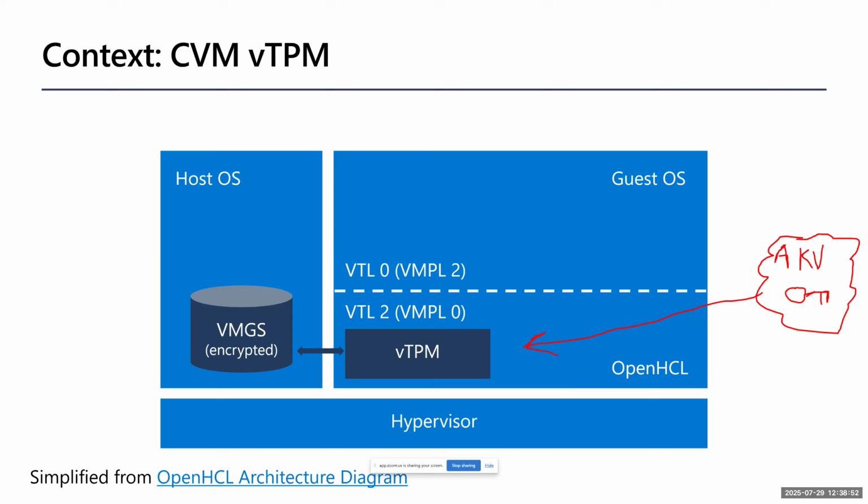I don't know what the plans are. I know one of the goals of SVSM was to provide standardized interfaces into VMPL 0 from an enlightened guest. Our OpenHCL interfaces to the guest OS use what look like standard virtual device interfaces.